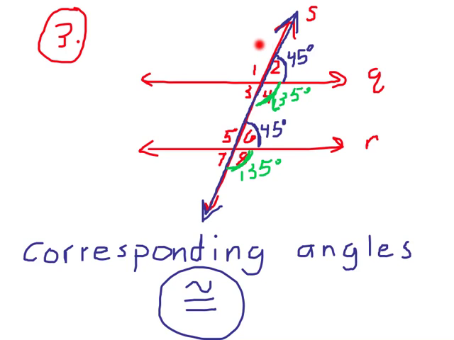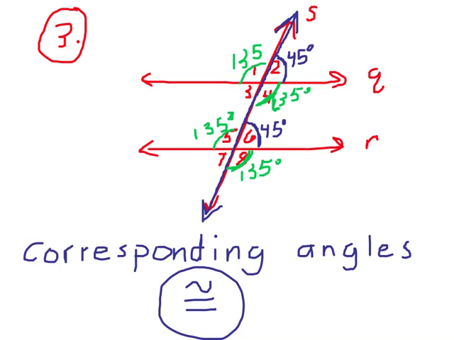So angle 1 is also going to be 135 degrees. Okay, let's think now. Angle 1 corresponds to which angle? Angle 1 corresponds to angle 5. So 1 and 5 are congruent because they are called corresponding. So far, so good.